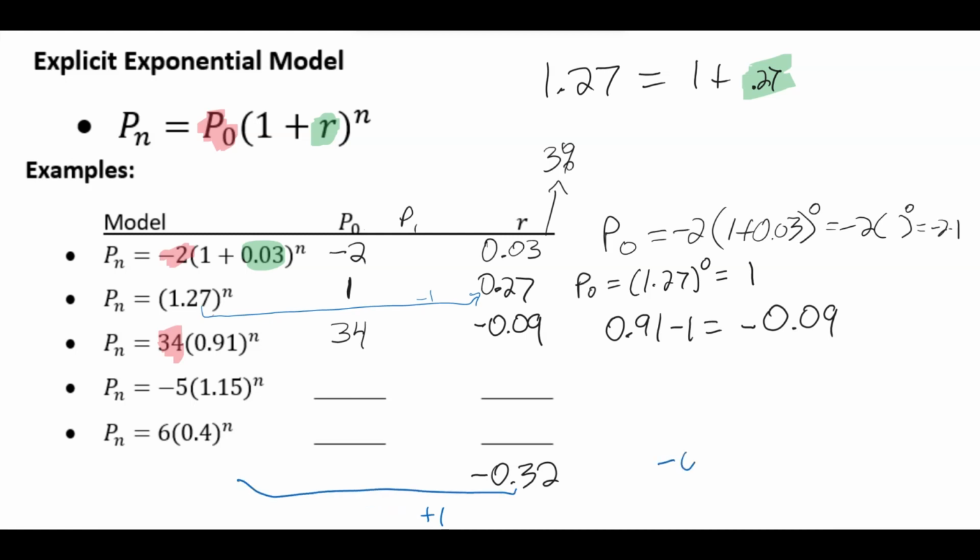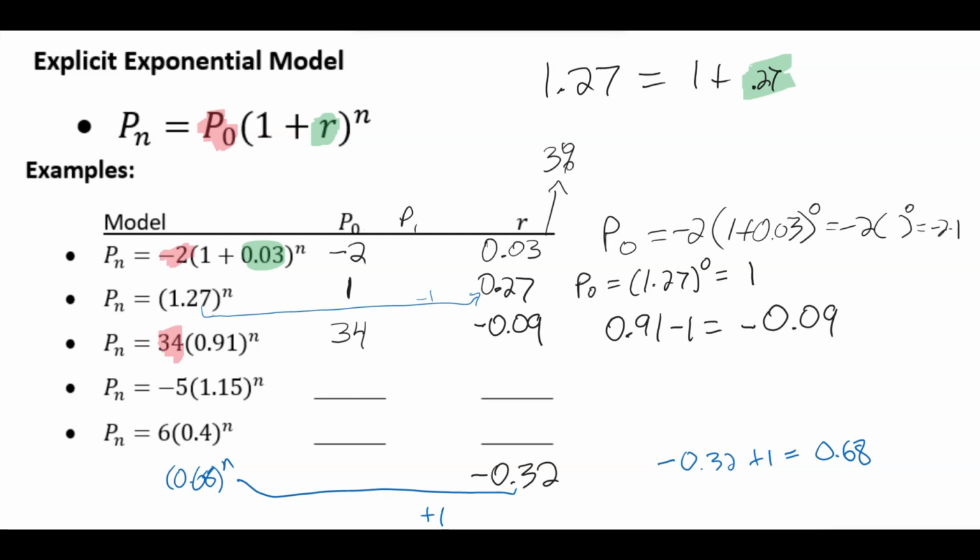Negative 0.32 plus 1 would be 0.68. So our formula would have a 0.68 to the n if we had a negative 0.32. So you subtract 1 to go from the base of the exponential model to the rate, and you add 1 to go from the rate to the base of the exponential model.